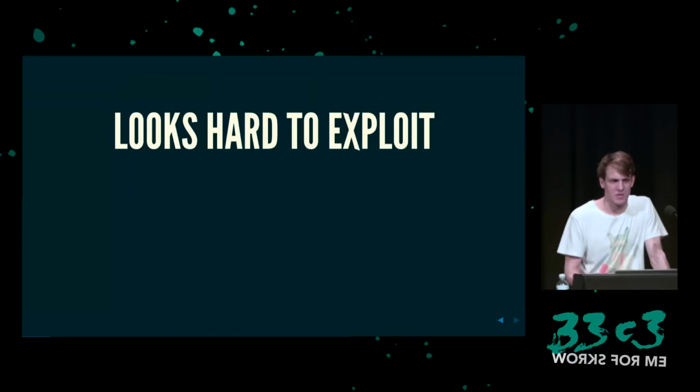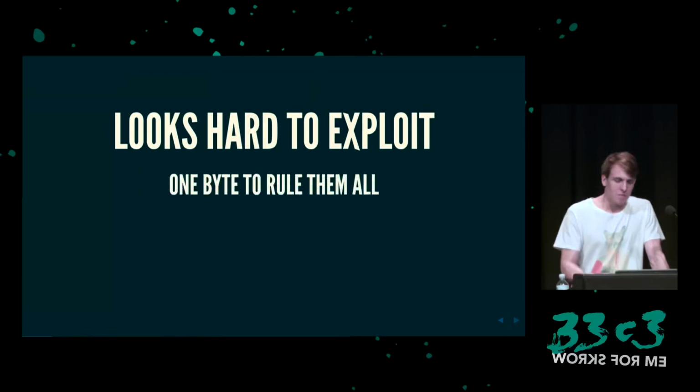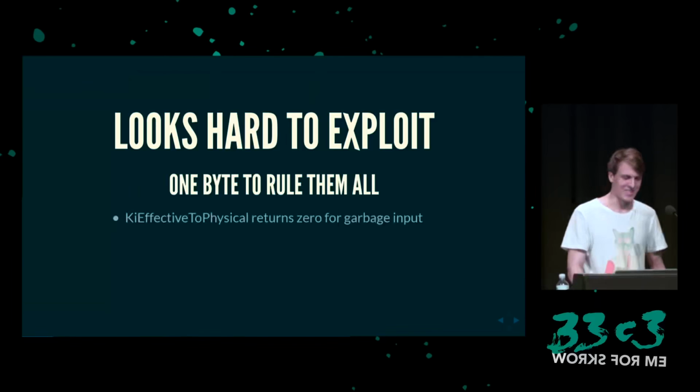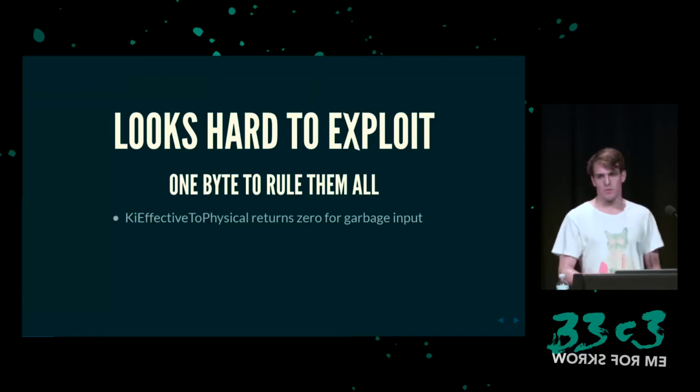This looks hard to exploit, right? Because the write is going through this conversion, but we actually only need 1 byte to exploit the kernel. We do this by noting that this effective-to-physical conversion function actually returns 0 for any garbage input we give it.